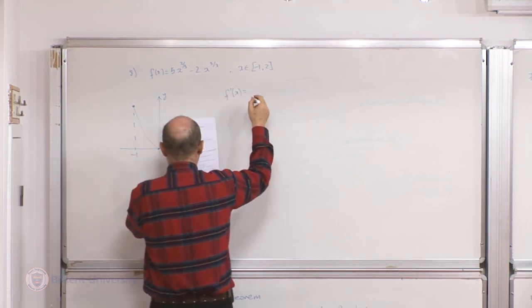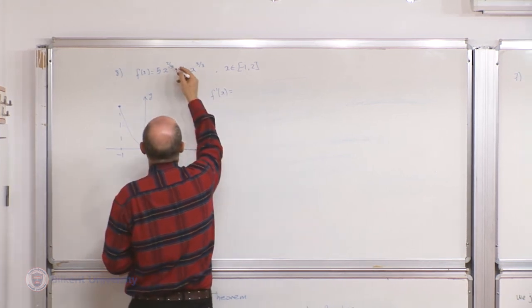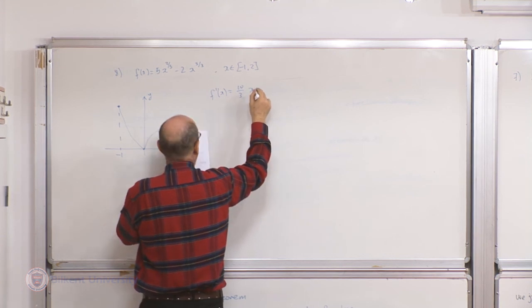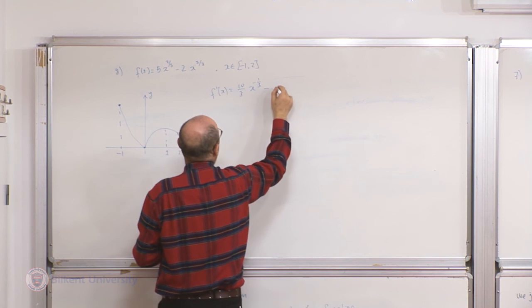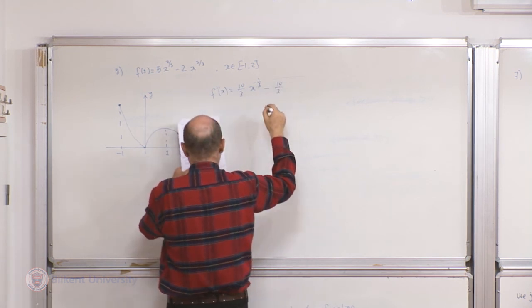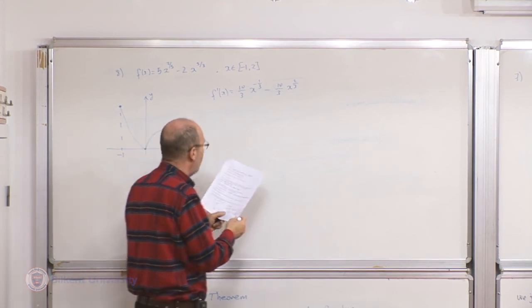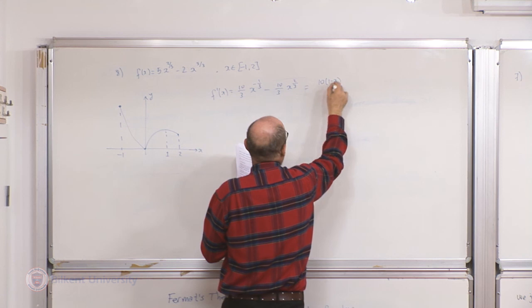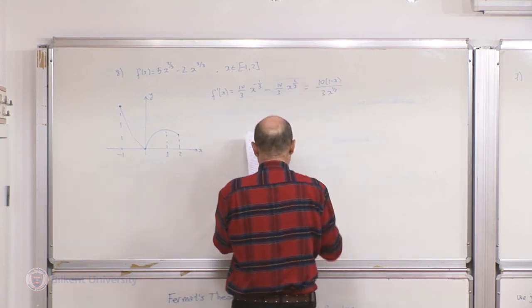Let me quickly do this. You take the derivative: this is 10 over 3 x to the power minus 1 over 3 minus 10 over 3 x to the power 2. You simplify this as 10(1 minus x) over 3 x to the power 1 over 3.